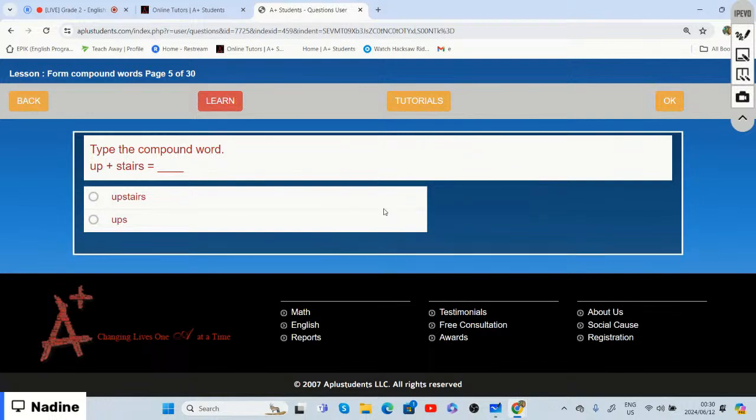Then up plus stairs, up plus stairs. Do we say it's upstairs or it is ups? Option one, upstairs, or option two, ups?